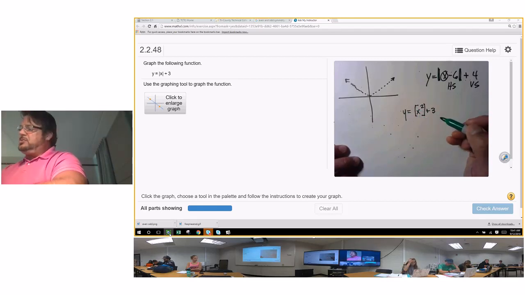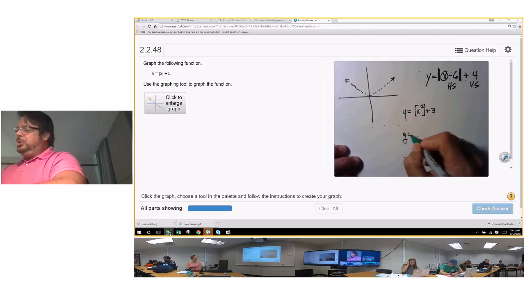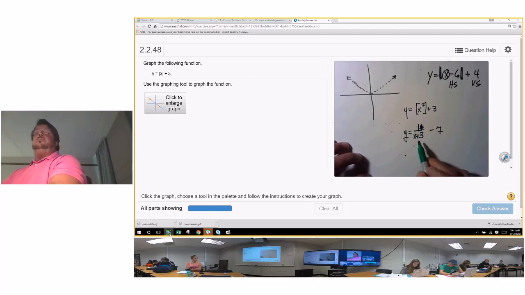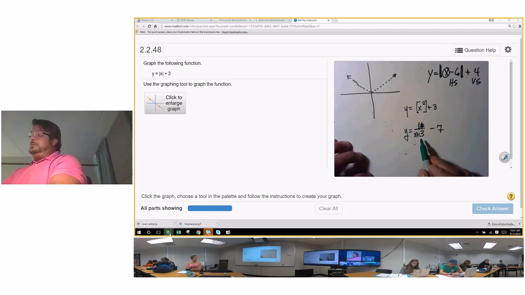So what about this? y is equal to 1 over x plus 3, minus 7. That's a 1 right there. All right. What about that one? Well, the 7 is connected to the function.